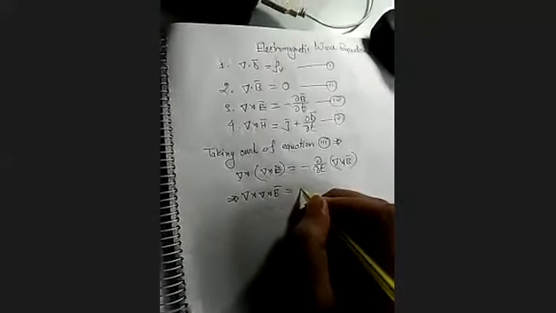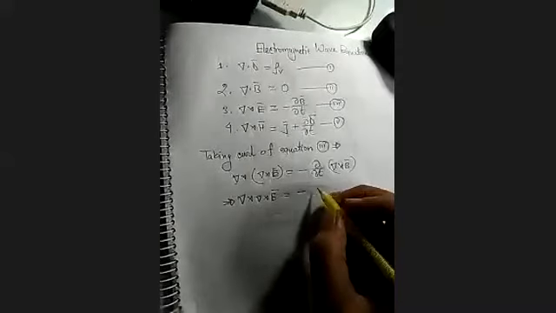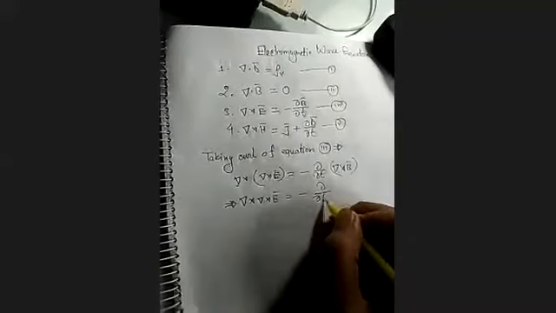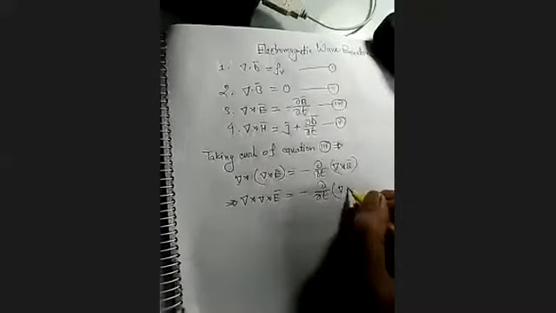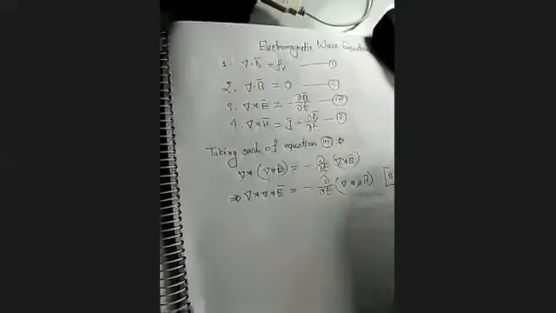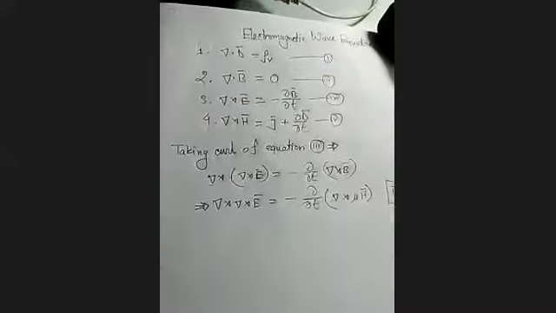Del cross E is equal to minus del divided by del t into del cross mu H. Why have I written mu H here? Because we know B is equal to mu H. That's why I can write here mu H instead of B.